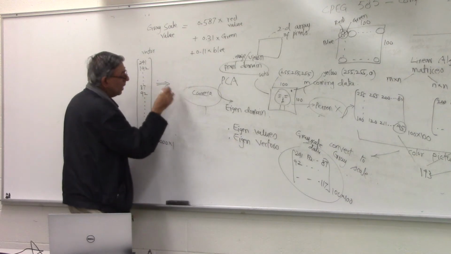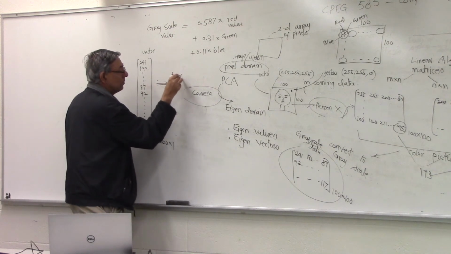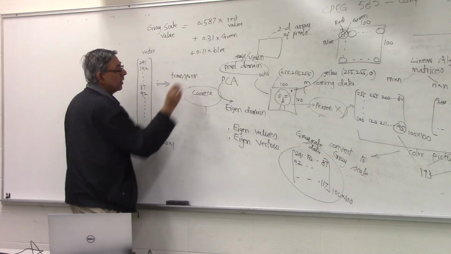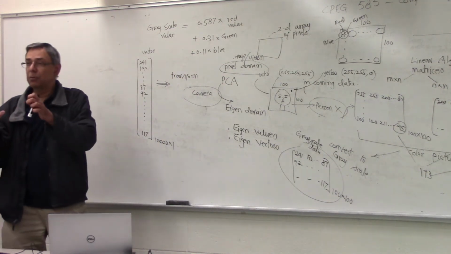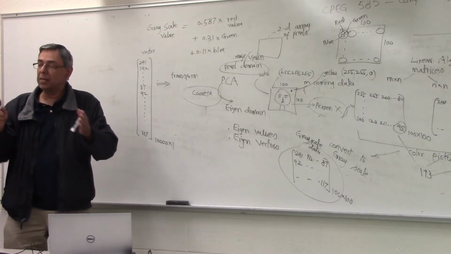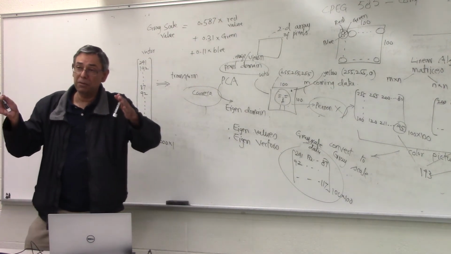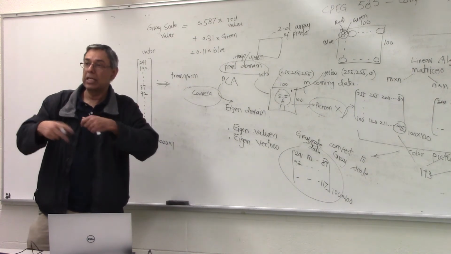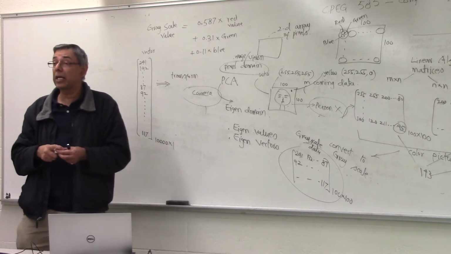Sometimes we'll transform it to the eigendomain. Sometimes we'll transform to a certain nonlinear domain which cannot be mathematically described, but through deep neural networks, it will generate some kind of a compact representation.